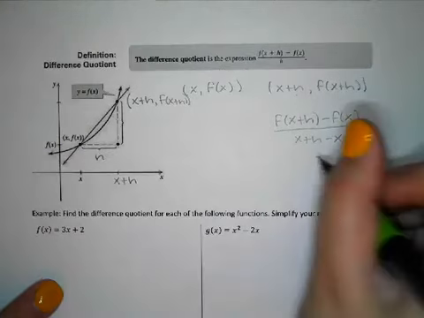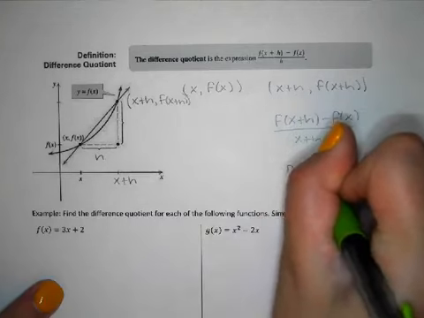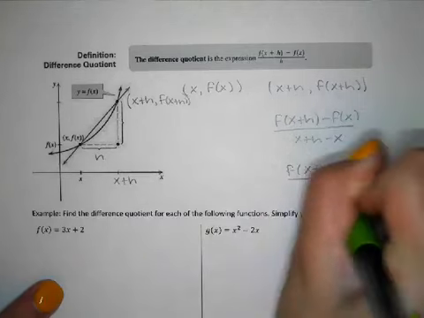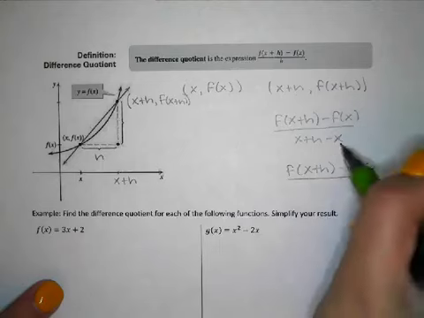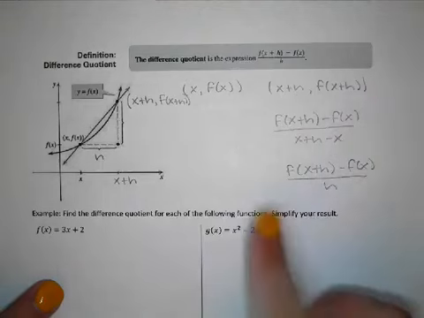And you can see that on the top in the numerator we have f of x plus h minus f of x, and on the bottom positive x and negative x cancel and we're just left with h. And this is just called the difference quotient.